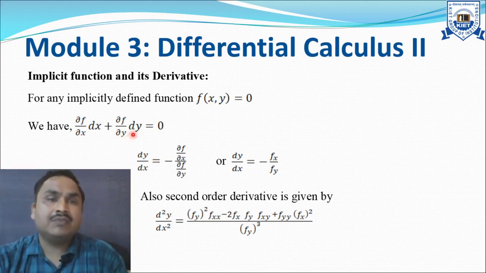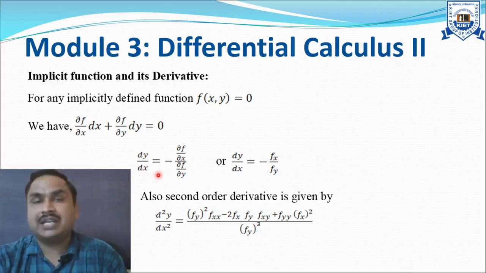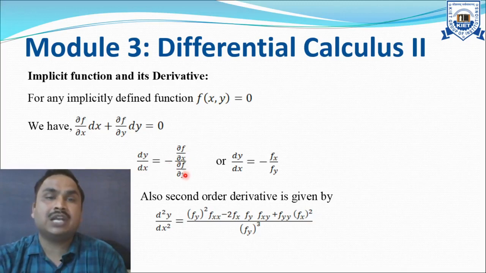From here we can find the value of dy by dx, which will equal minus del f by del x upon del f by del y. If we replace this notation by fx and del f over del y by fy, we get dy by dx equals minus fx over fy.